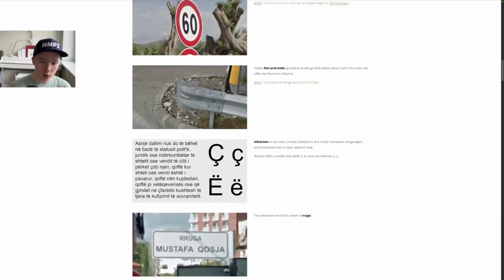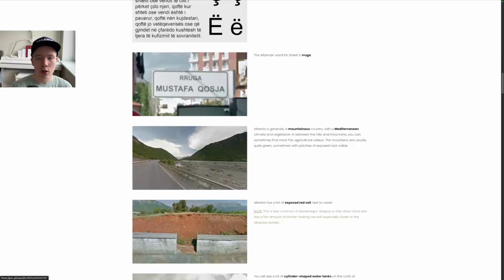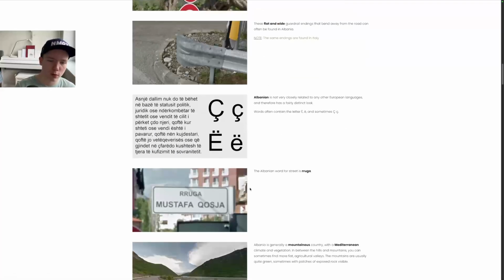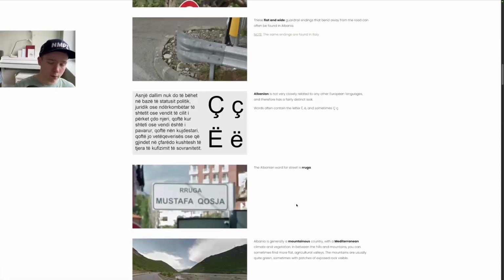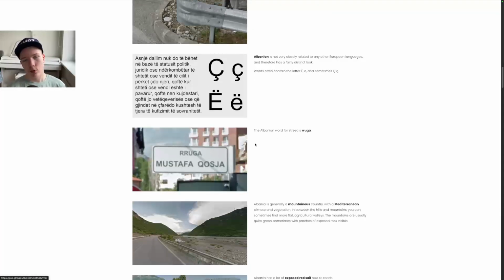Albanian language is pretty unique, I would say. You can definitely see that it's going to be Albanian, not any other. You don't see the Cyrillic script ever in Albania. The Albanian word for street is Ruga.